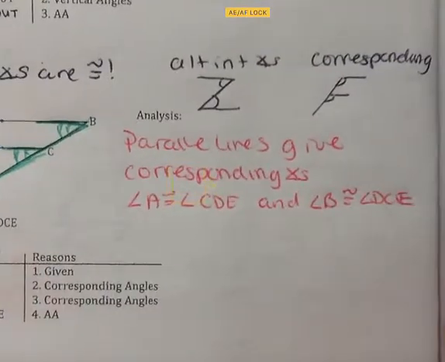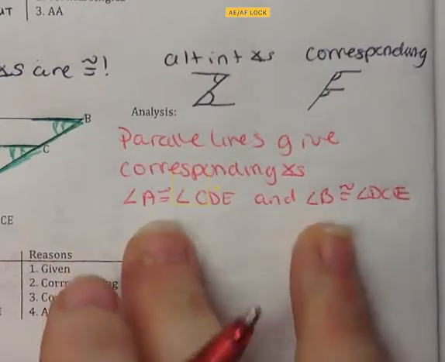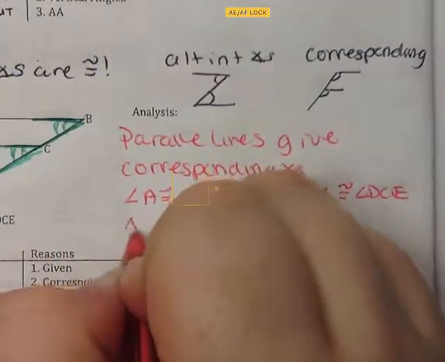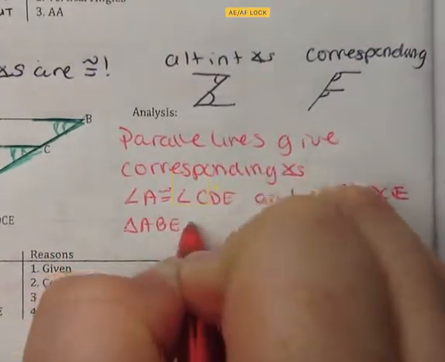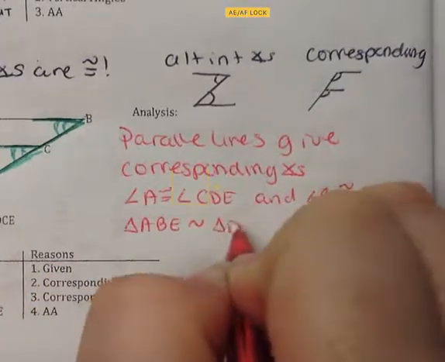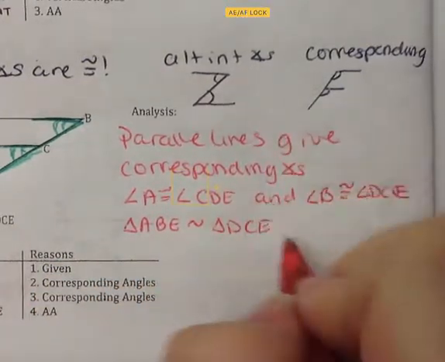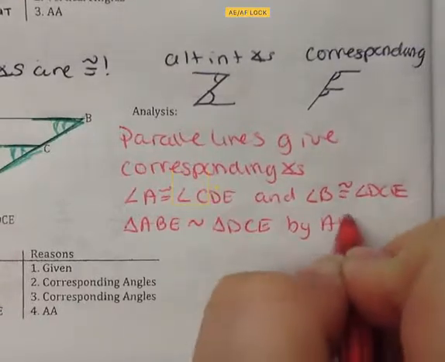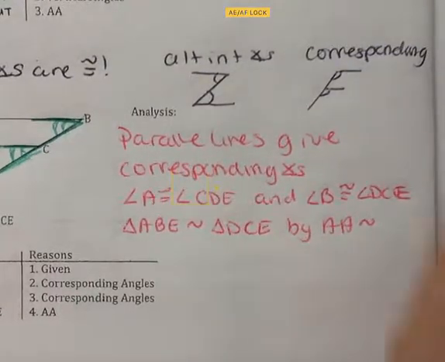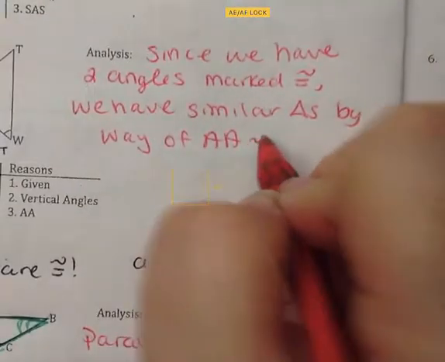Those were the corresponding angles. That means, so since we have the 2 angles, that means we can say that triangle ABE is similar to triangle DCE by angle similarity.